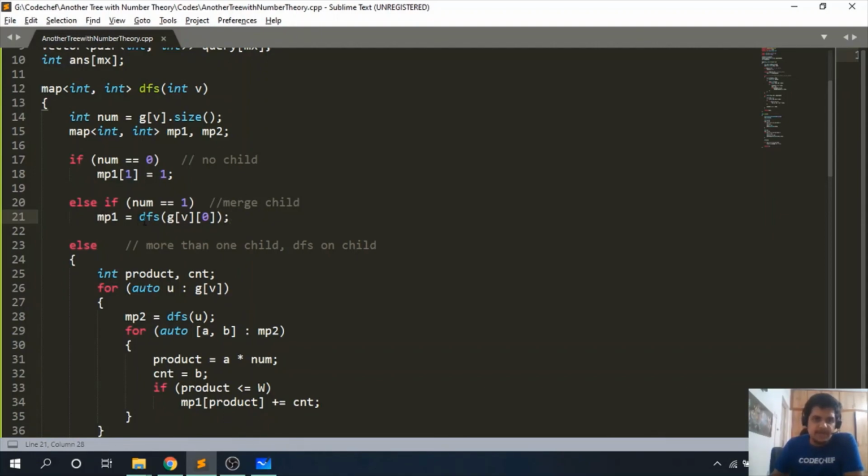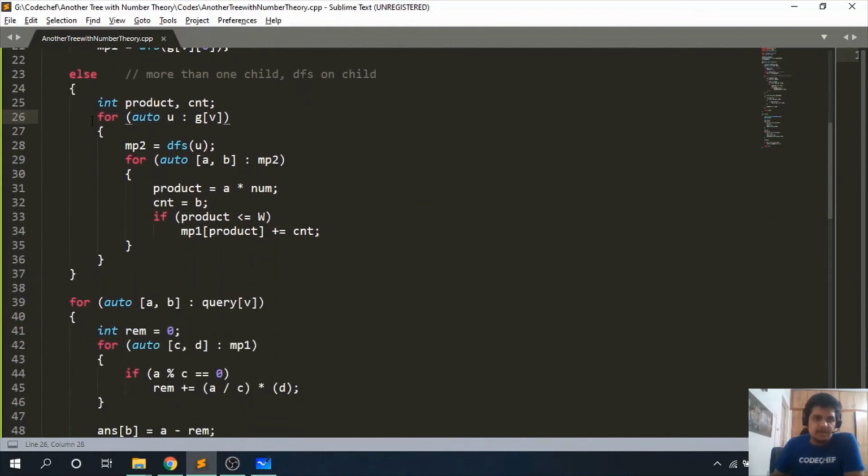So mp of 1, and I am doing a dfs on the first node itself. So I'm merging it. Else we have more than one child, and then I'm calculating, as I told you in the solution, that a product should be less than w, and a normal dfs approach over the children of v. And then in mp of 2 I'm iterating the dfs for each of the nodes who are the children of the vth node.